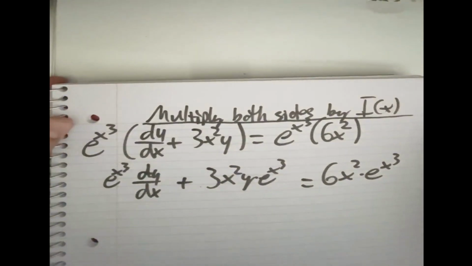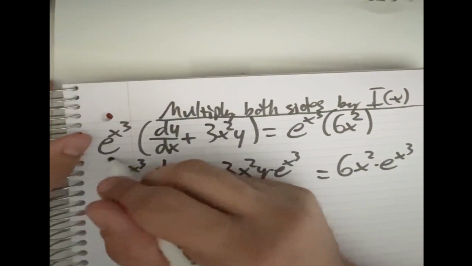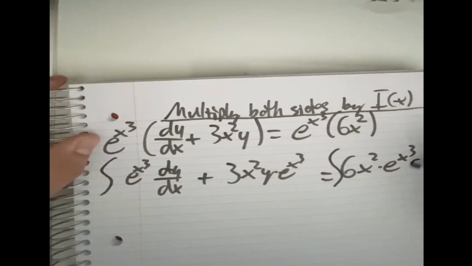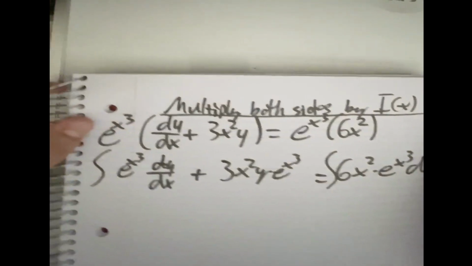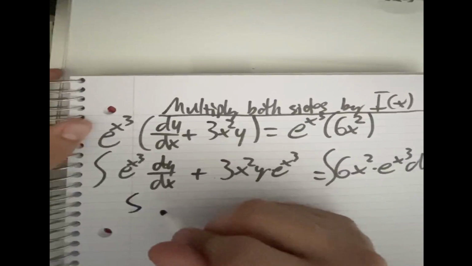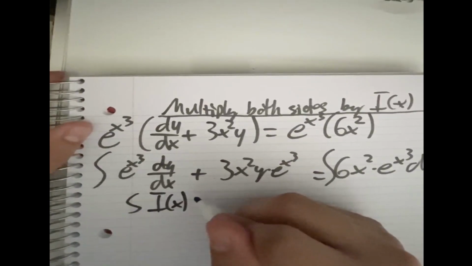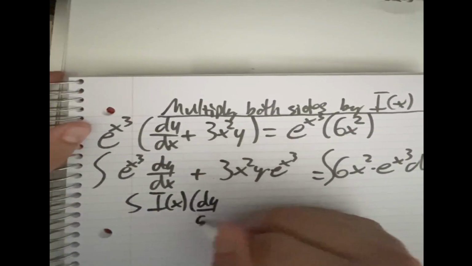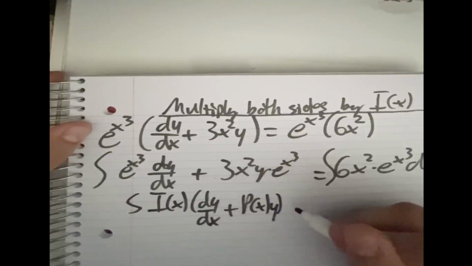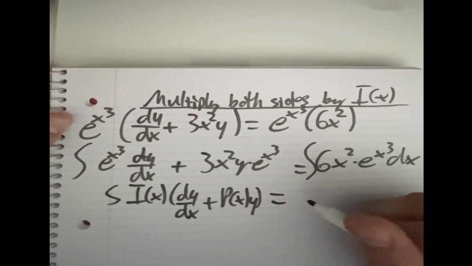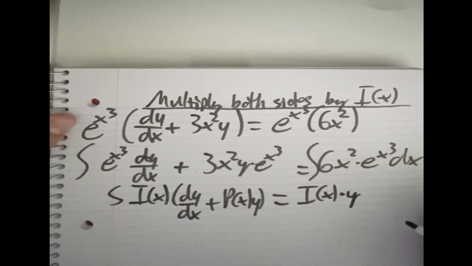The next step will be to take the integral of both sides. But here's the kicker though. To make this a lot simpler, the integral of I of x times dy over dx plus p of x times y is equal to simply I of x times y.